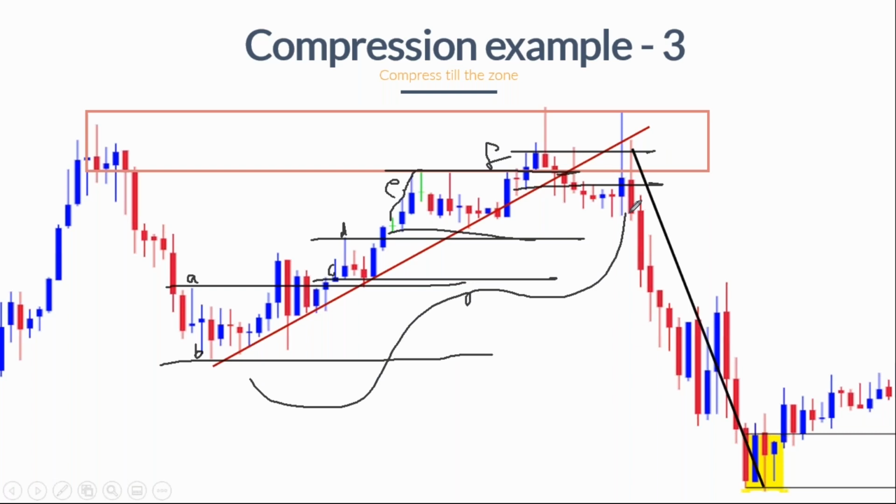That is why price came down heavily. Many times you will wonder why the hell price moved, because there will be extensive compression and you will not even know that it happened.